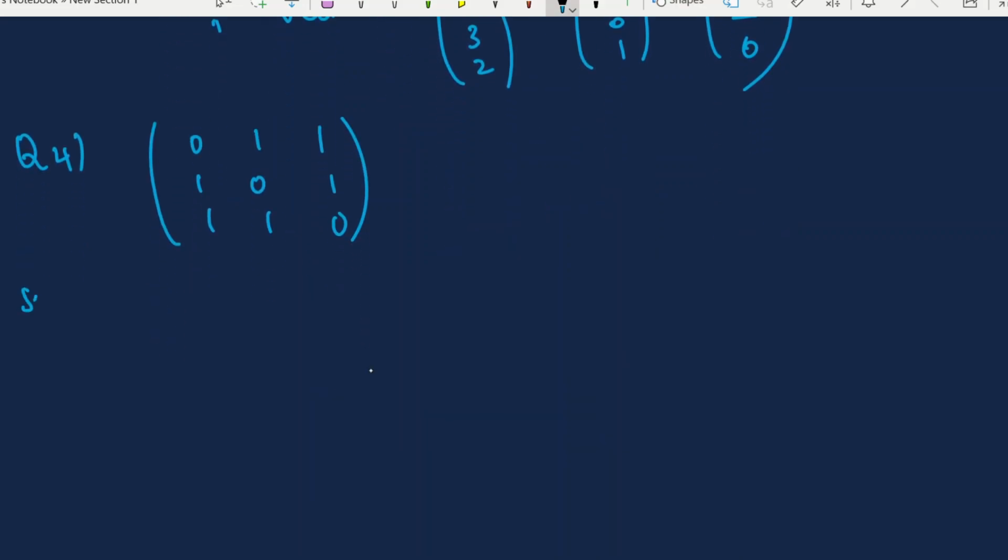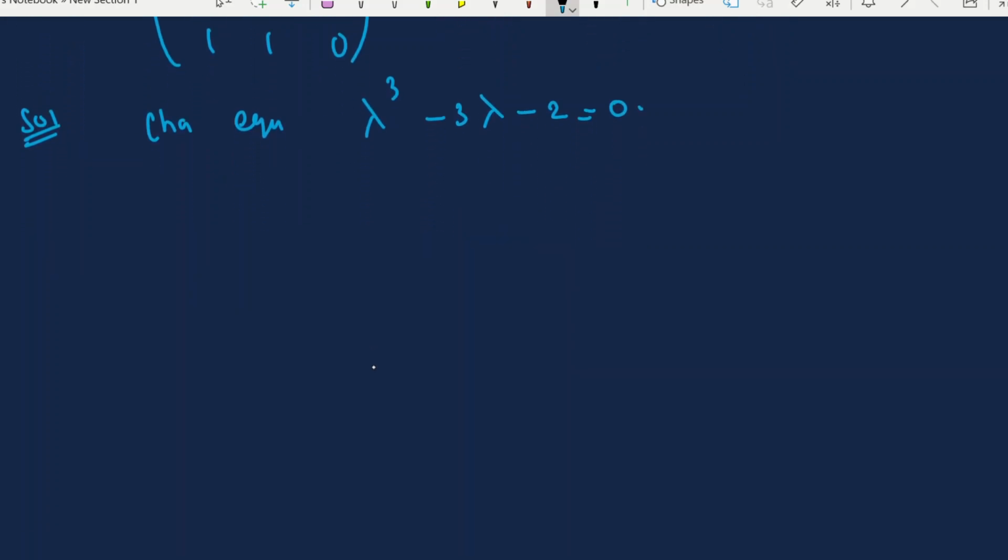So directly I will write the characteristic equation: lambda cube minus 3 lambda square minus 3 lambda minus 2 equals 0. So synthetic division: lambda cube coefficient, lambda square is not here, so 0, lambda value minus 3 and constant.